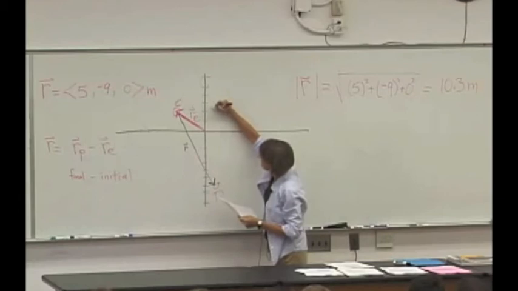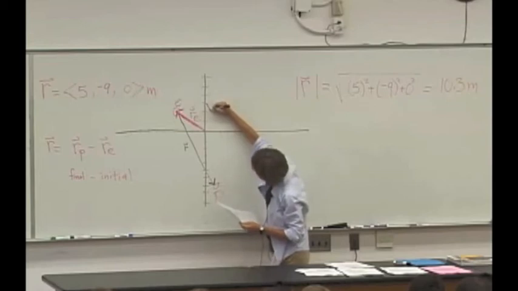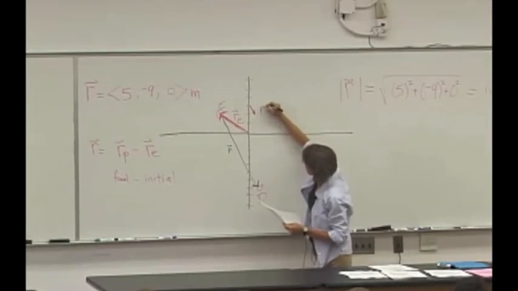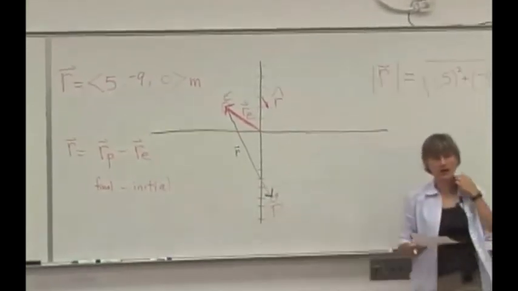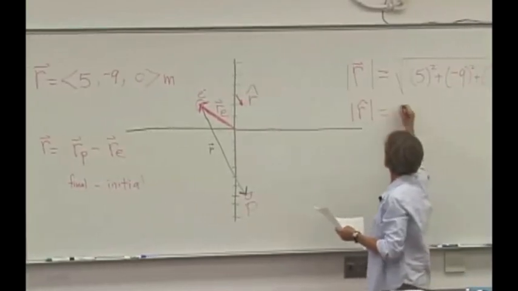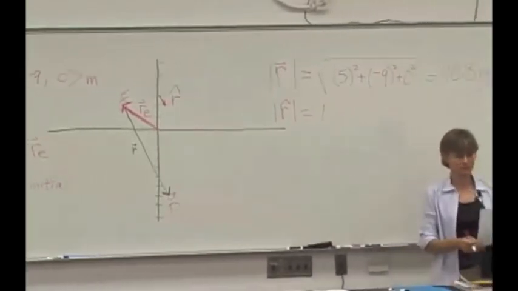So if this is one grid square here, it's going to be something like that, r hat. And of course, the magnitude of any unit vector is 1.